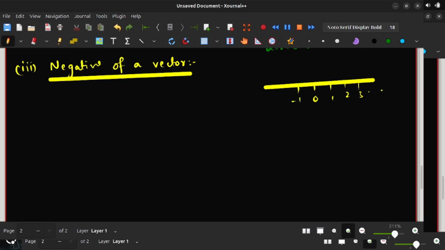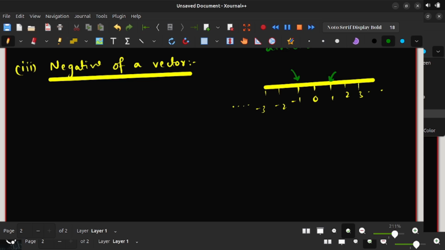And there's -1, -2, -3, and so on. So if you have a number here, you have its counterpart here. This is the position at which it will sit. Okay. What about the negative of a vector? How will it look?